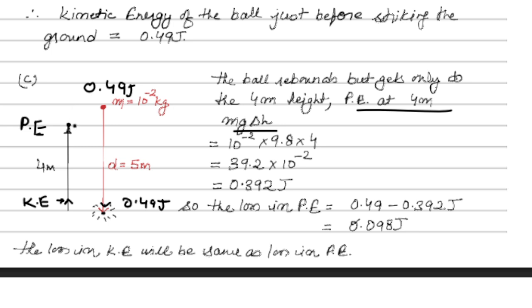Since it is gaining lesser potential energy, if we find the difference in potential energy between these two, we can calculate the kinetic energies also. We calculate the potential energy at 4 meters with the same formula mgΔh, and we get 0.392 joules. The potential energy lost is the difference, 0.49 minus this, which gives 0.098 joules. And this is the same as the difference in kinetic energy, or the loss in kinetic energy.